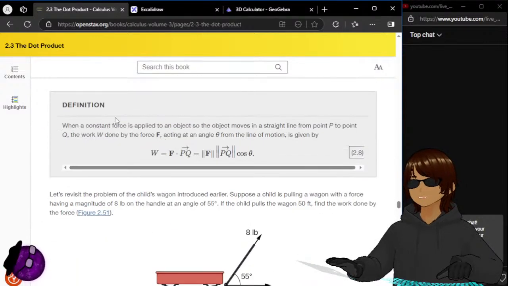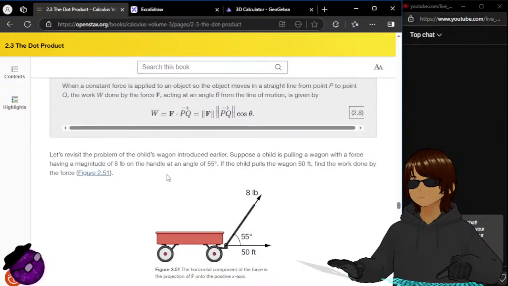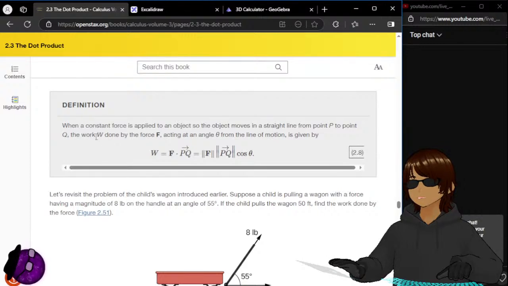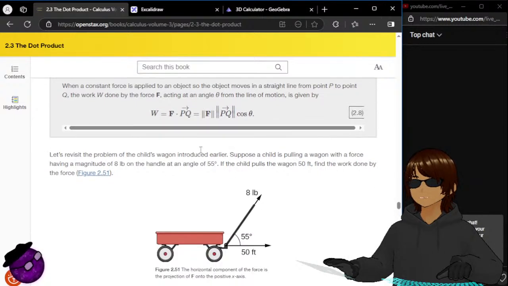Okay. When a constant force is applied to an object, the object moves in a straight line from point P to point Q. The work W done by the force F acting at an angle theta from the line of motion is given by this. So work is in this direction, right?